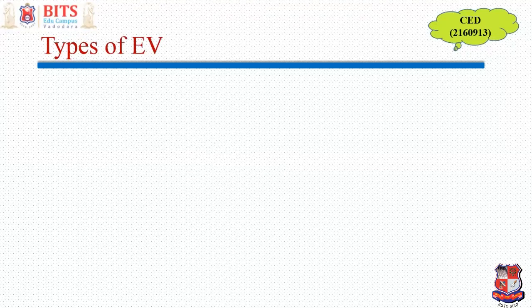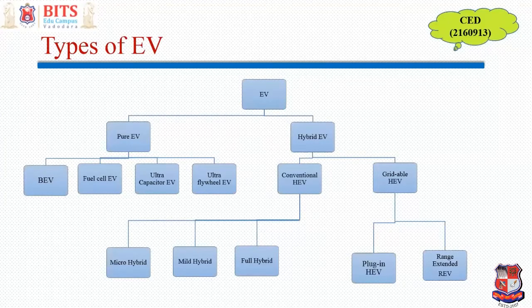Now, what are the types of electric vehicles? There is a large variety, a huge subject, but in a nutshell, these are the types we'll see here. Electric vehicles can be classified into two categories: pure electric vehicles and hybrid electric vehicles. Pure electric vehicles include battery electric vehicles, where only batteries are there.